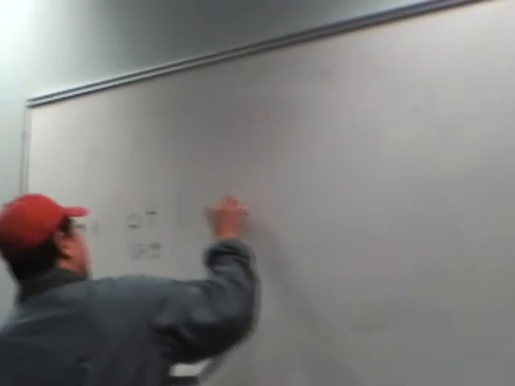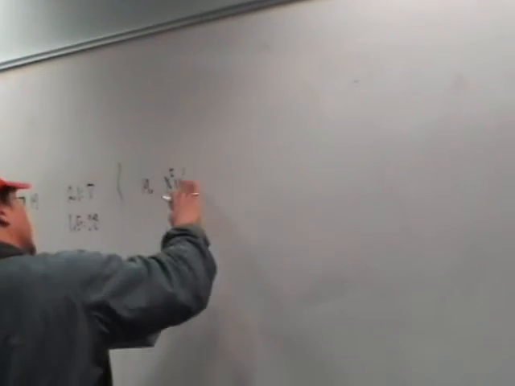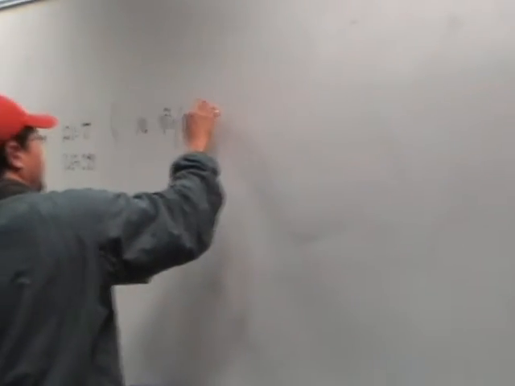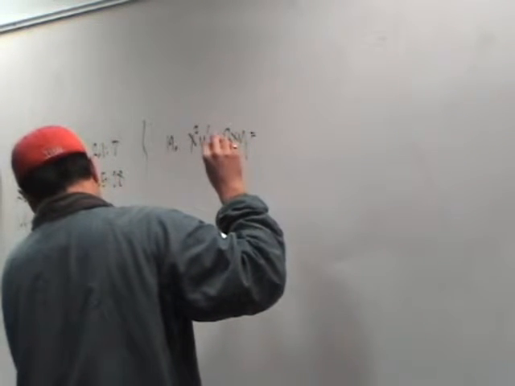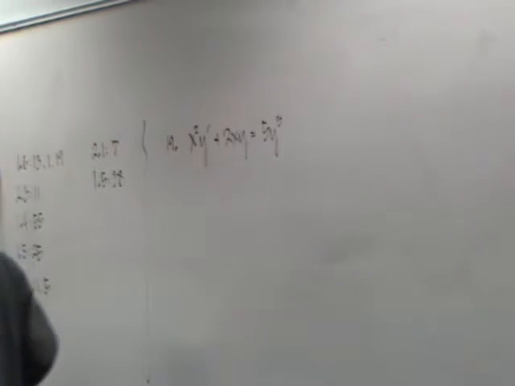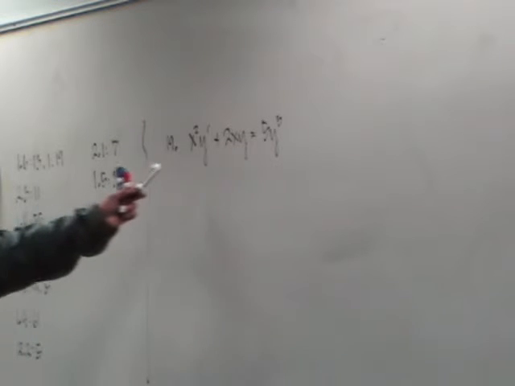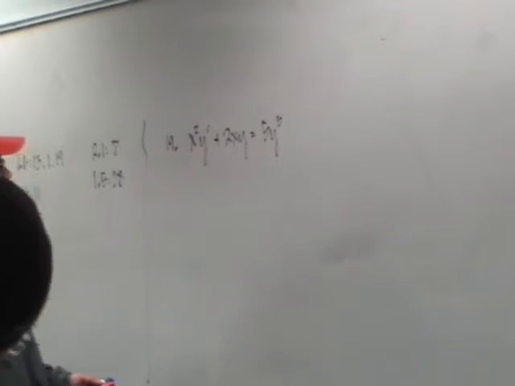So here x squared y prime plus 2xy is equal to 5y cubed. What you'll notice here is that it's not homogeneous, correct? It's degree 2, but degree 3. So it's not homogeneous. You all notice that?